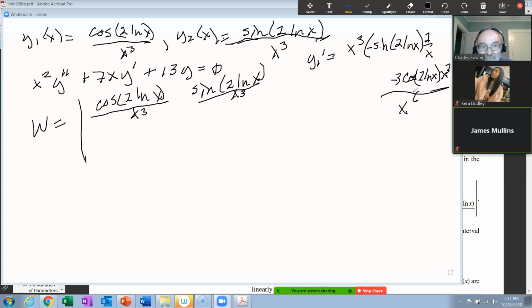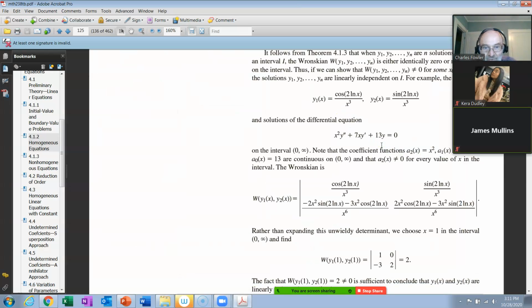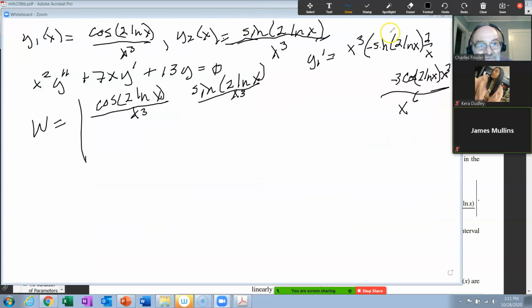Now, rather than go through this in all this gory detail, let's just go back and see. I'm going to let the fingers do the walking here. You see here, the 1 over x here cancels out one of the x's here. So this gives you a minus 2 x squared times the sine of 2 log x.